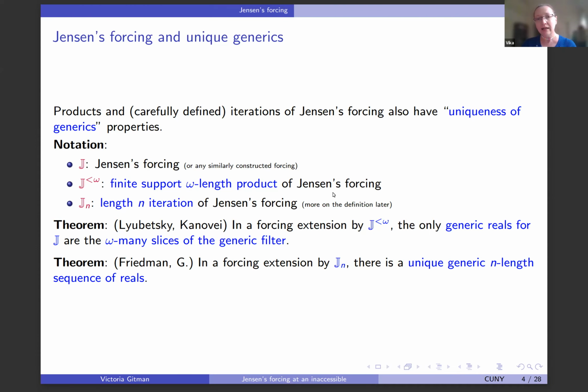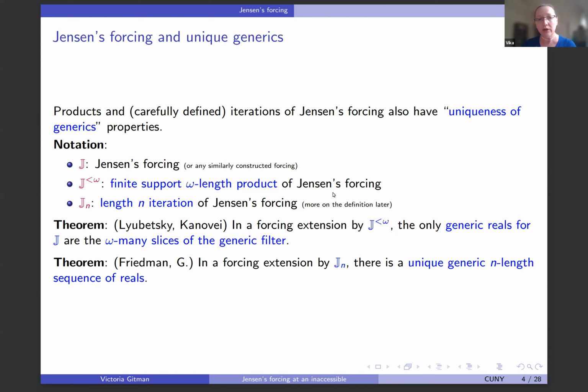Their theorem is that in the extension by the omega length product of Jensen's forcing, the only generic reals for J are the ones coming from the omega many slices of the generic filter. Each of the omega many slices, of course, because it's a product, is generic for J, but these are the only ones.